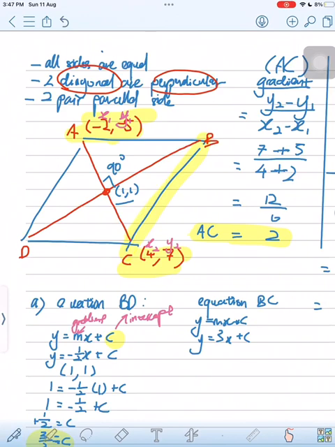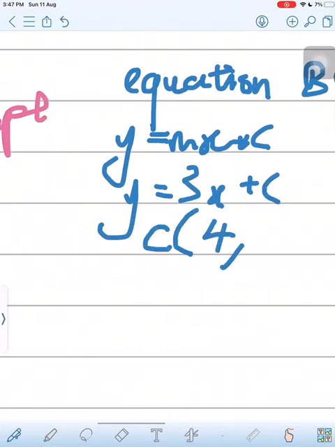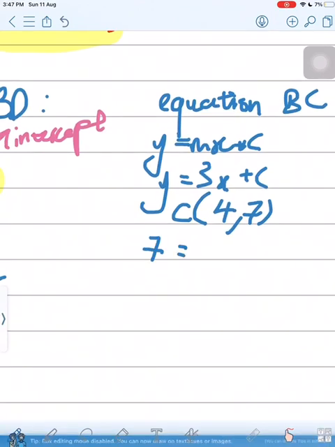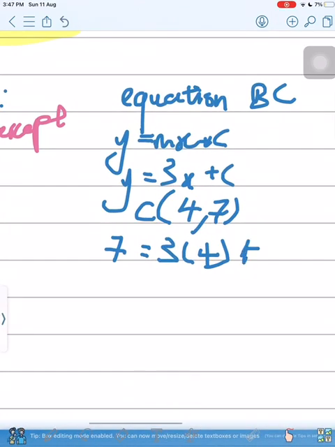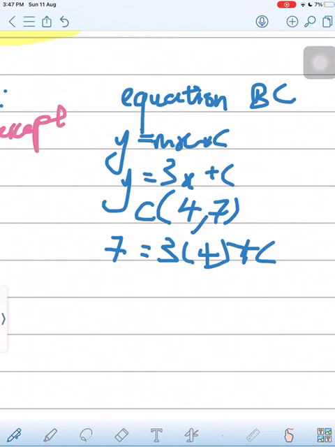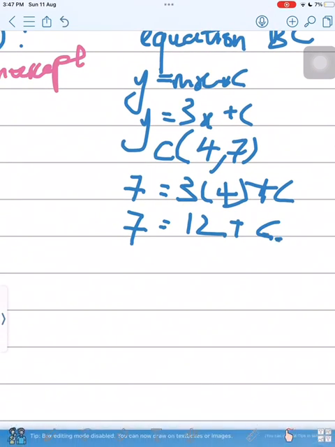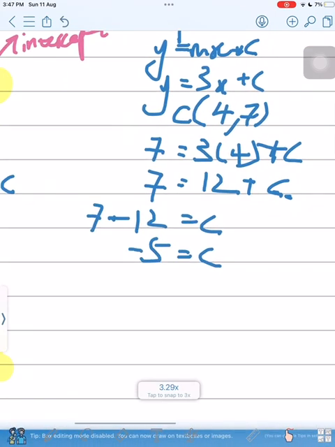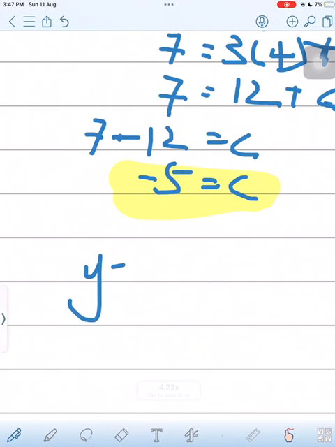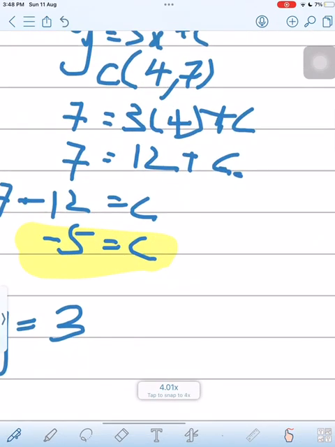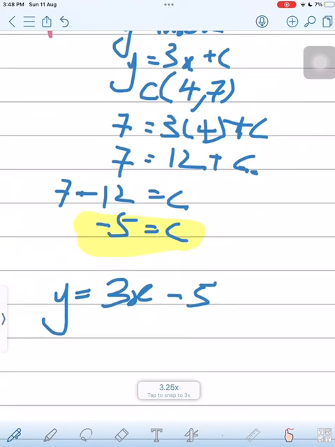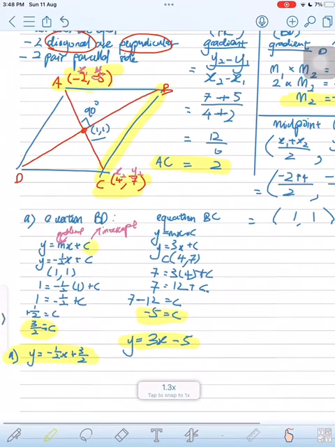For line BC, we only have C, which is 4, 7, so we're going to use C. Then 7 equals 3 times 4 plus c, so 12 plus c. Solve for c: 7 minus 12 equals c, so negative 5 equals c. So the equation for BC is y equals 3x minus 5.